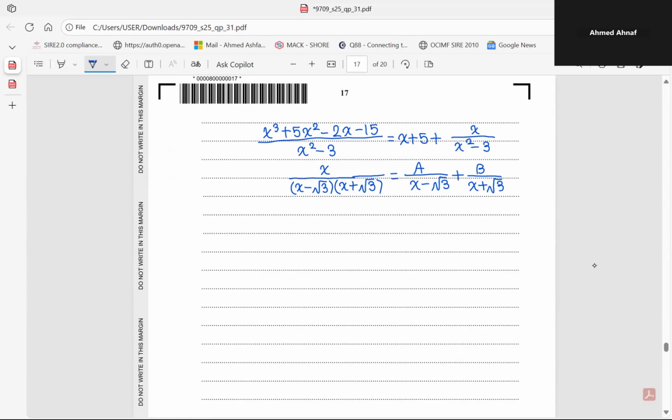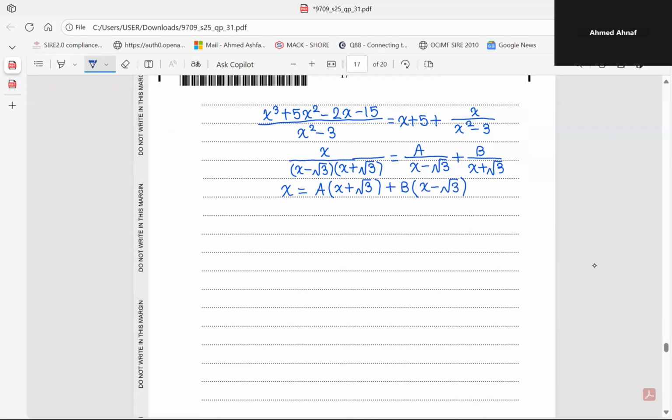Okay, now let's multiply this equation throughout by the denominator on the left-hand side. So we'll get x equals A times (x plus square root 3) plus B times (x minus square root 3).